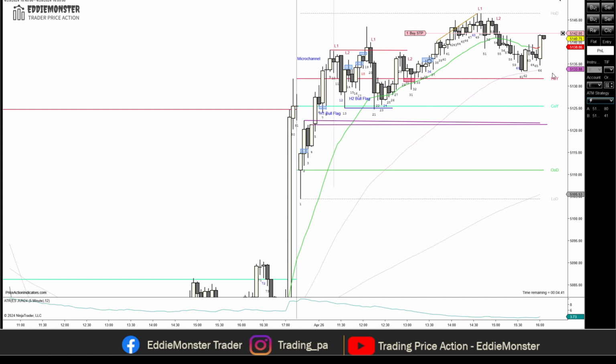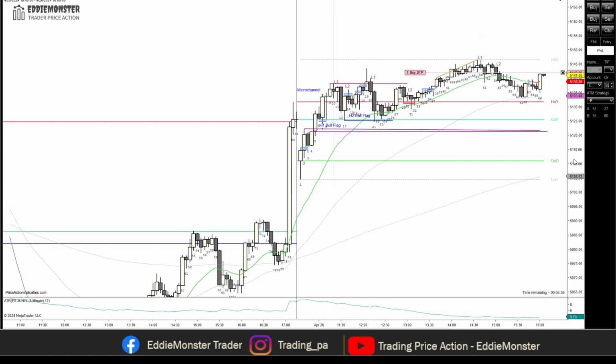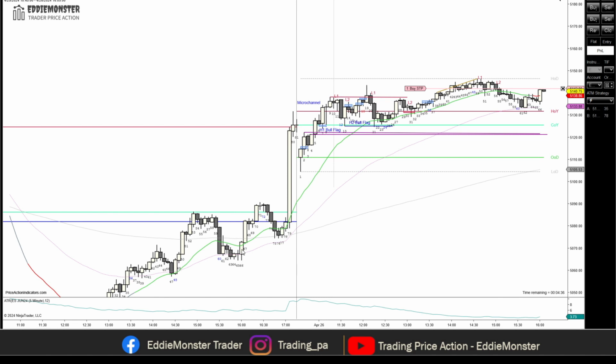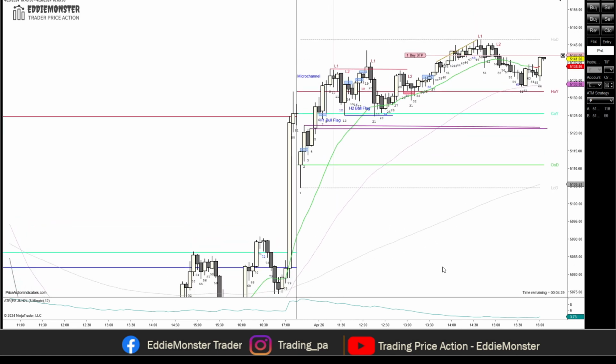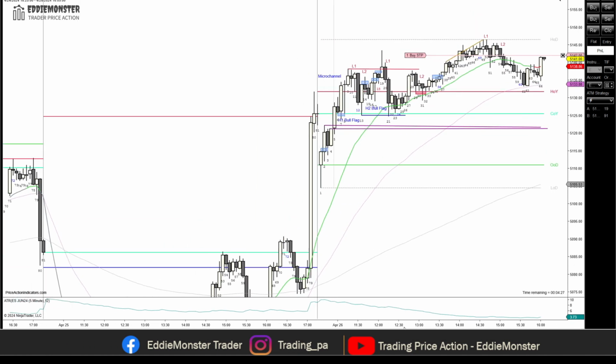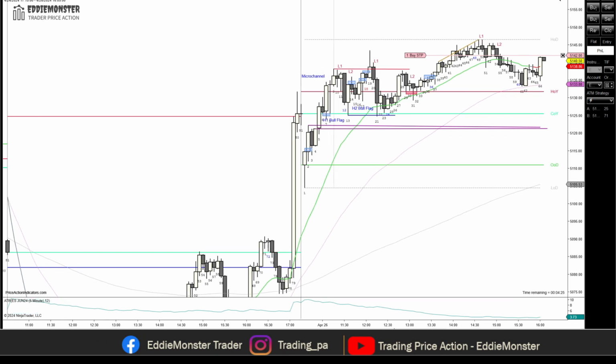So now 66 is the same bar as yesterday. Look at this beautiful bar. 66 started the party yesterday. I don't know what's going to happen today, but it's a good H2, right?